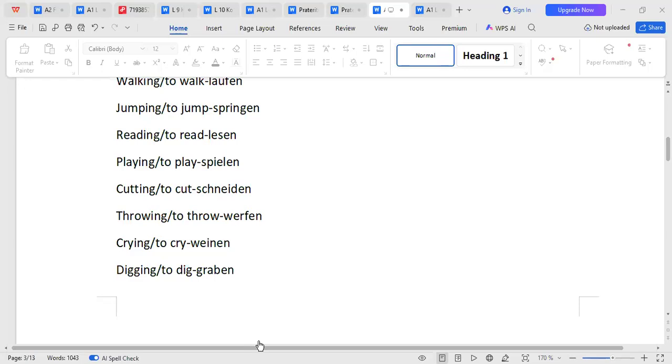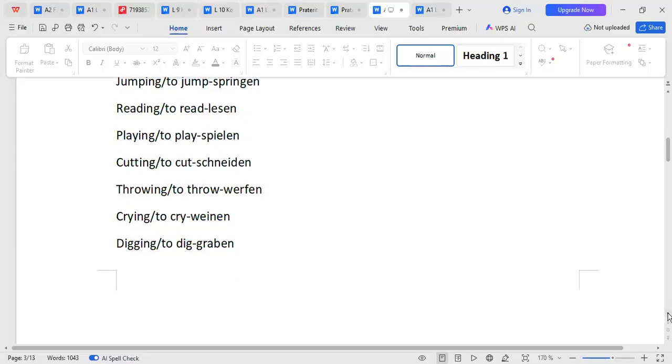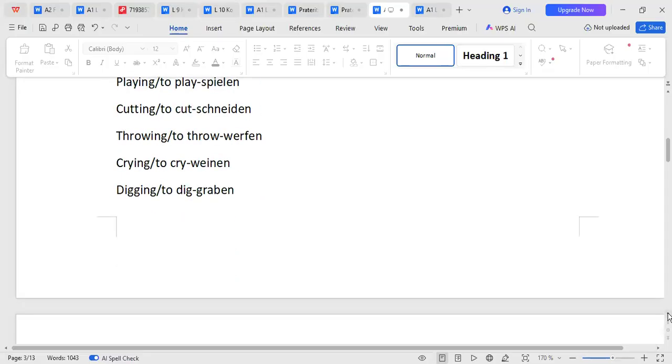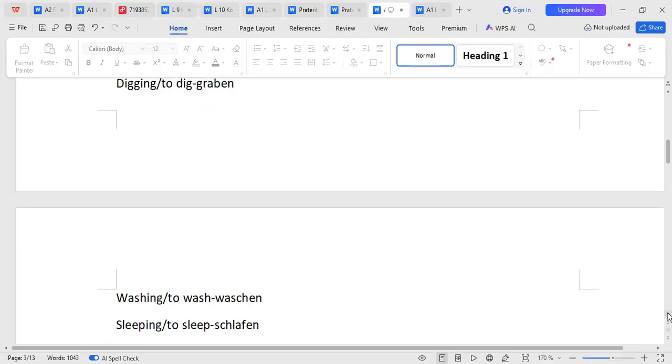And that is something special about the German verbs. A big percentage of the German verbs end with en. Almost all of them have the en ending, students. All German verbs that we meet have the en ending.